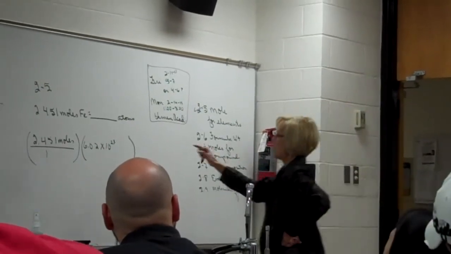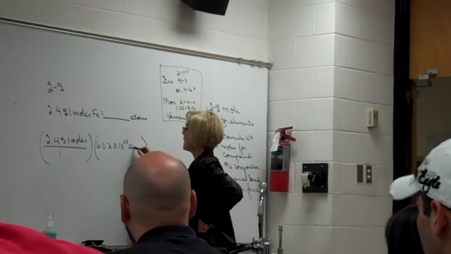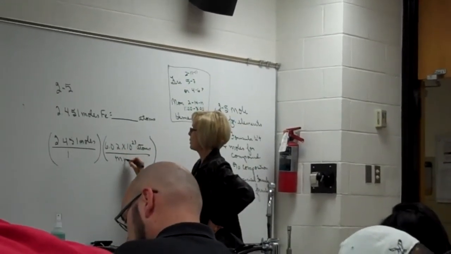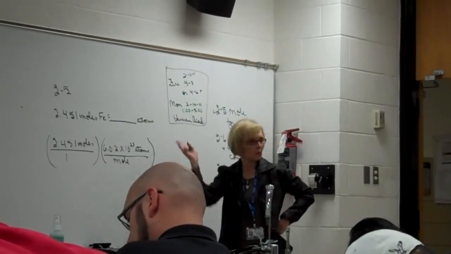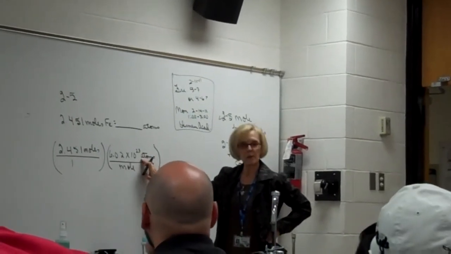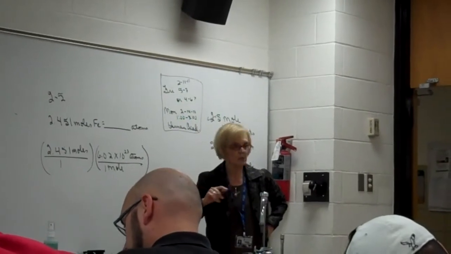Okay, if we're talking an element, then we are talking atoms per mole. Now, you can make that just atoms per mole, but I want to emphasize this is how many atoms in 1 mole, so we're doing a unit analysis.